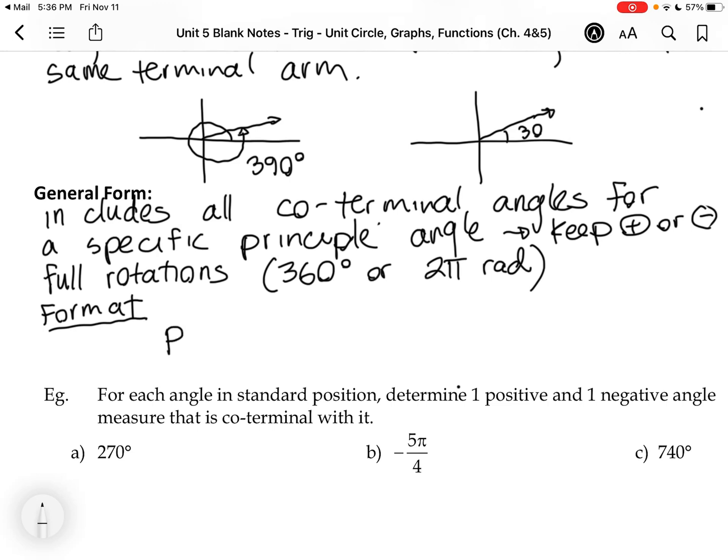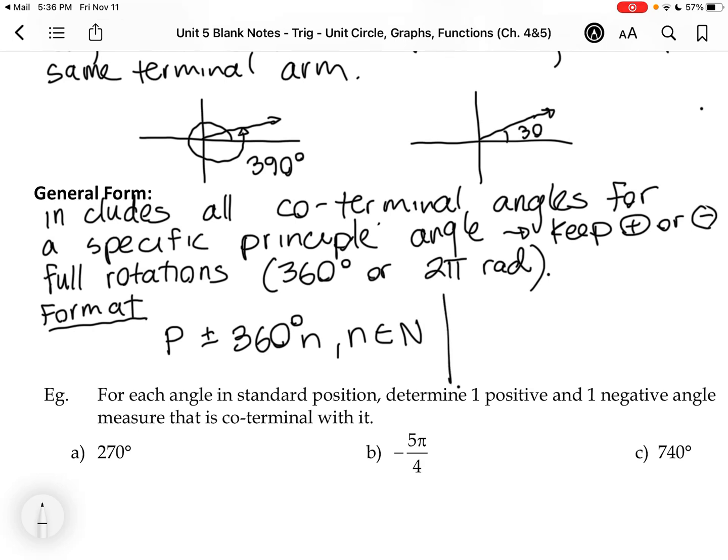We take the principal angle and add or subtract 360 degrees times n, multiples of 360 degrees, where n is an element of the natural numbers. So we can't add 1.3 rotations because then you end up somewhere else. But we can add 1 rotation or 2 rotations or 3 rotations, etc. Or subtract.